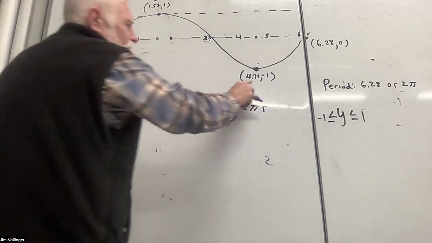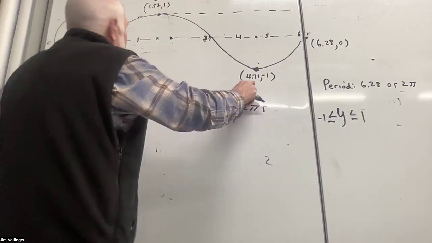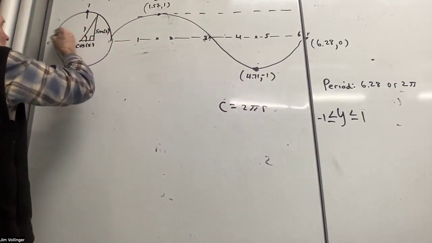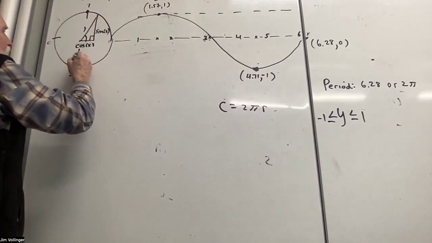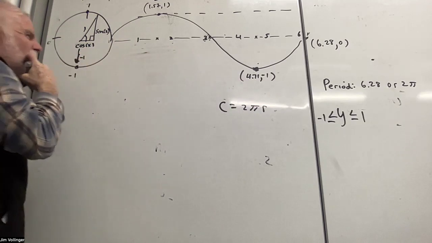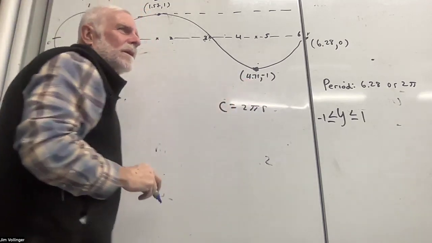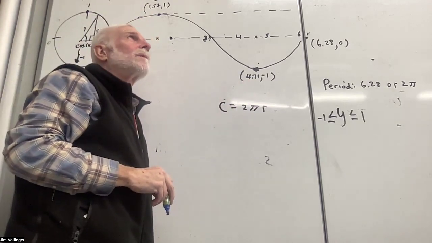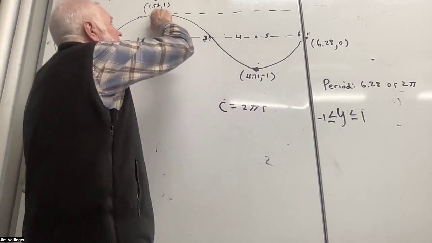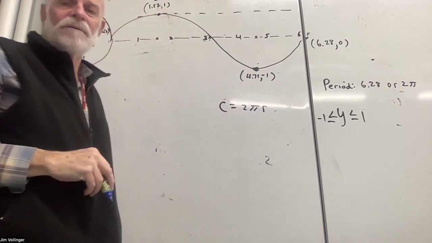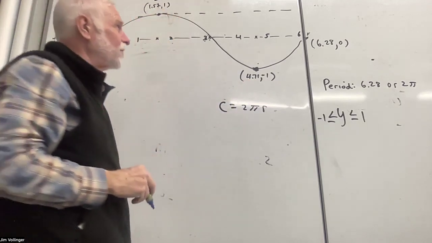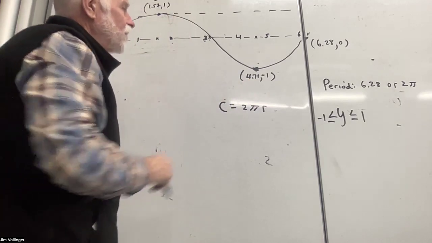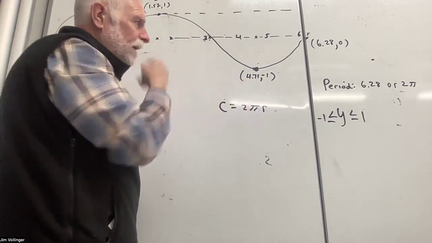And I think, if I remember correctly, 3 pi over 2, which is 90, 180, 270, I get my minimum height of -1. And I think it's 3 times 1.57, 3 times pi over 2, 3 pi over 2, 270 degrees. I believe it's 4.71. Check that if I'm wrong.